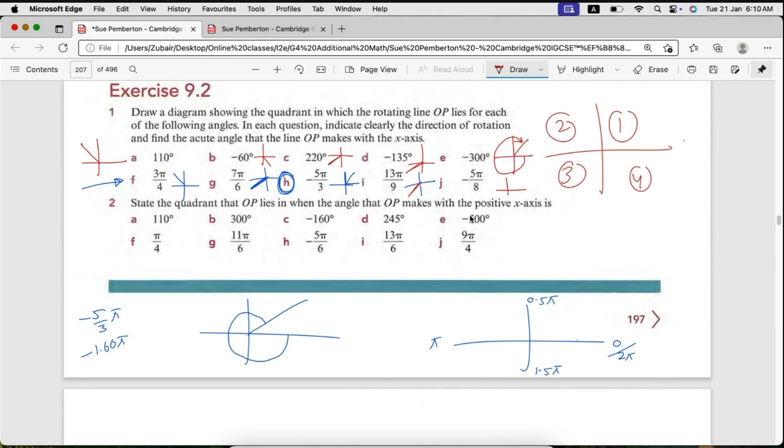That's more than 0.5. So oh, it's in the third quadrant. 2 is having the same nature. Quadrant number.